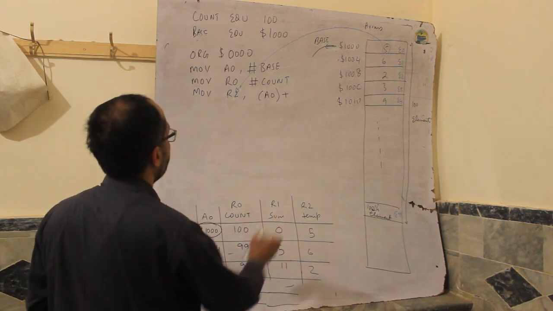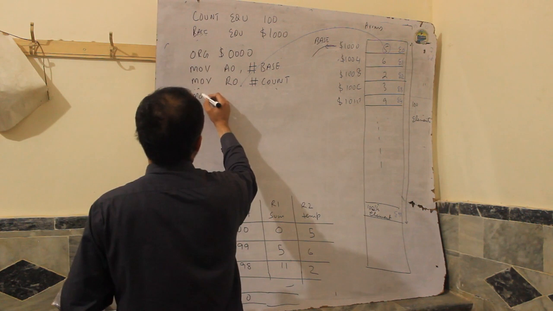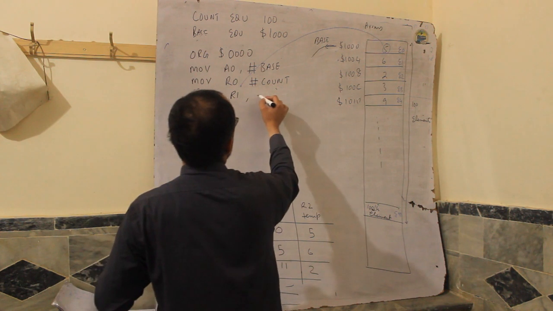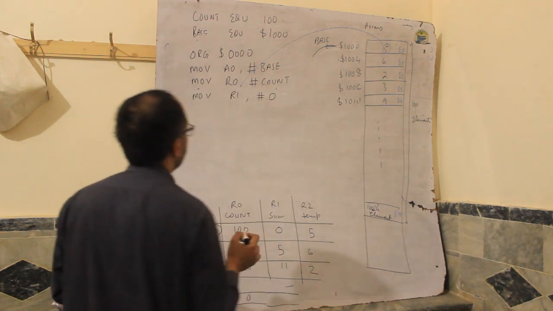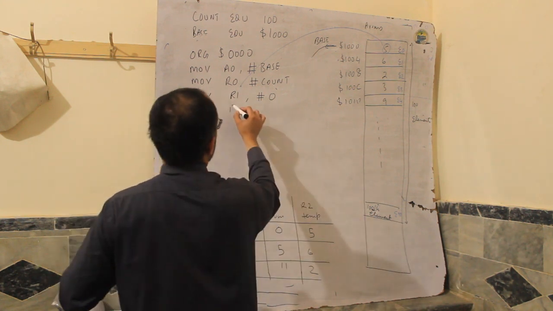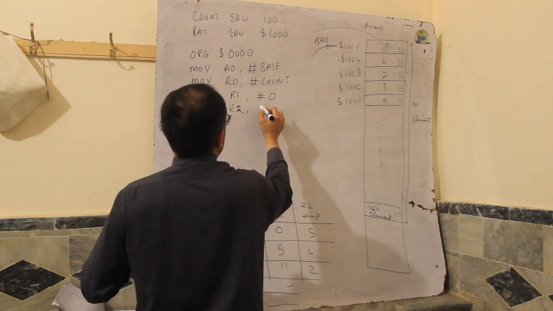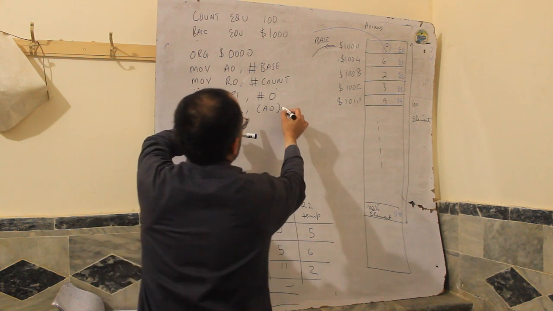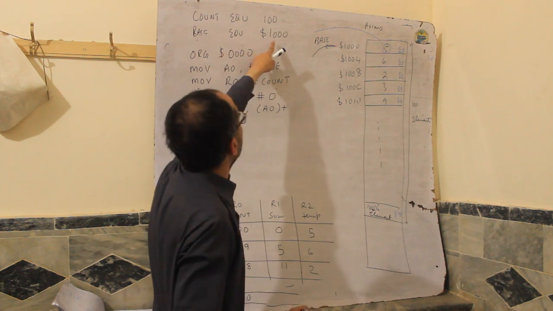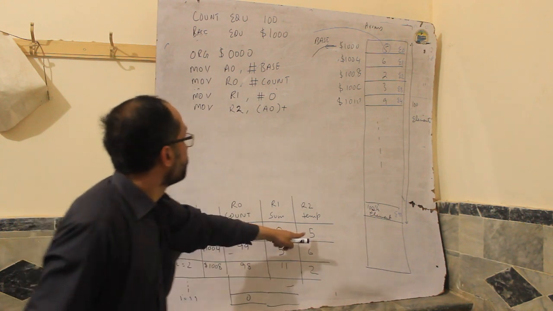Before this instruction, move R1, the sum, is initialized with the value of 0. So the sum will be 0. Then move R2, which is a temp. The address register will point to this memory location. A0 contains a value of 1000, and it will point to this memory location. 5 will be moved into R2 for the first iteration.